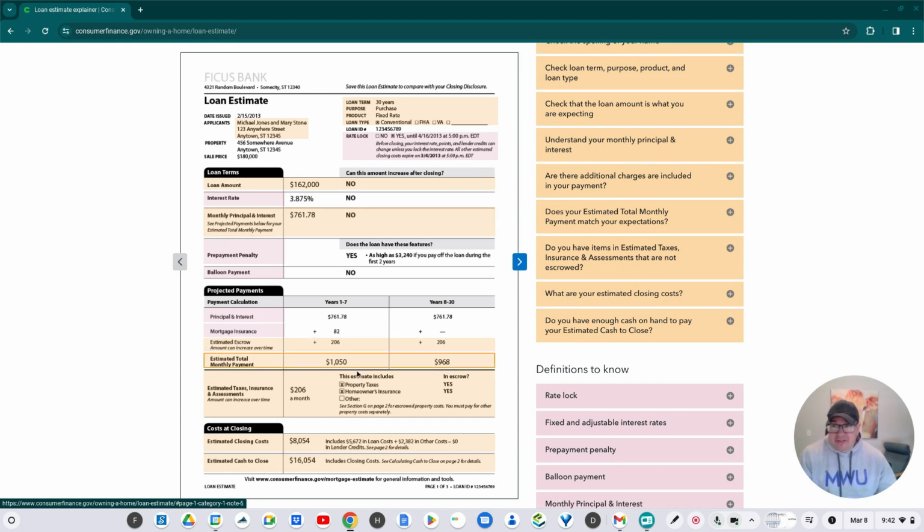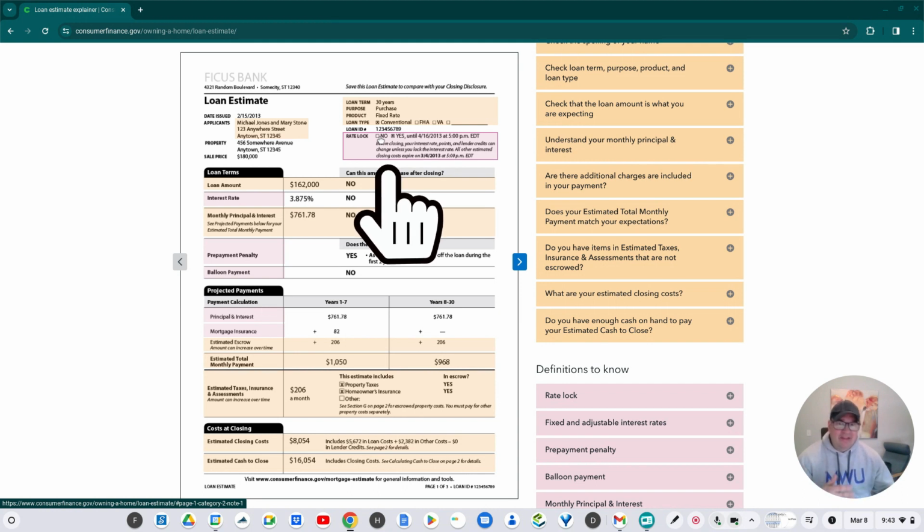The first thing I want you to notice is on the first page, there's a thing here that says rate lock, yes or no. If the rate isn't locked, I'm not implying that a loan officer would intentionally lie, but I've seen many cases, kind of like a bait and switch, where someone sends a loan estimate with a certain rate, and then when it comes to lock, they haven't factored in things like credit score adjustments.